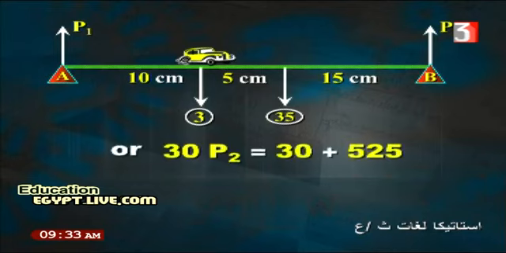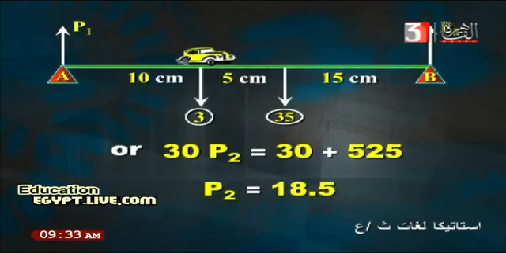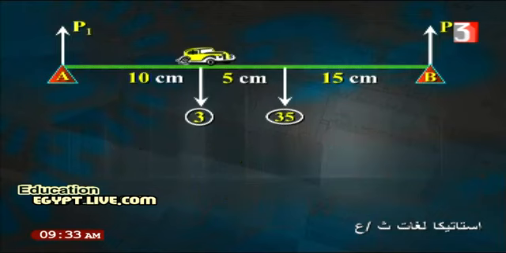Therefore, we deduce that 30 B2 equals 30 plus 525. Then B2 in this case equals 18.5 ton weight.